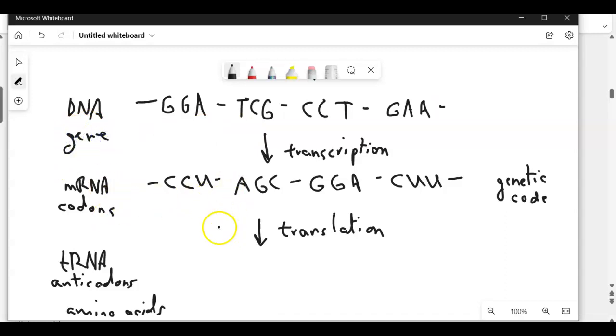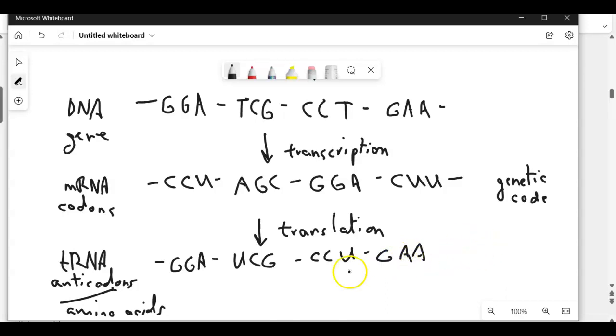And then when you translate it, these are going to be anticodons now. So this is going to be GGA, and we're going to have, now it's going to be UCG. I think I got that right. CCU, GAA.